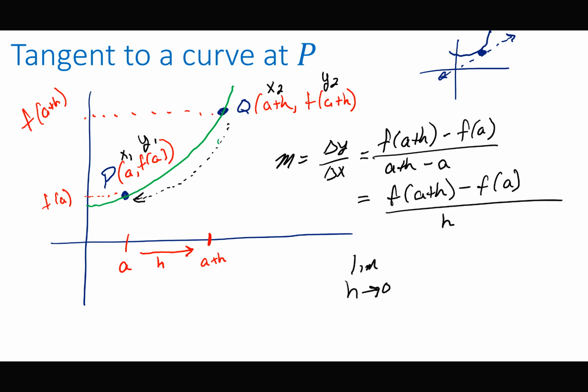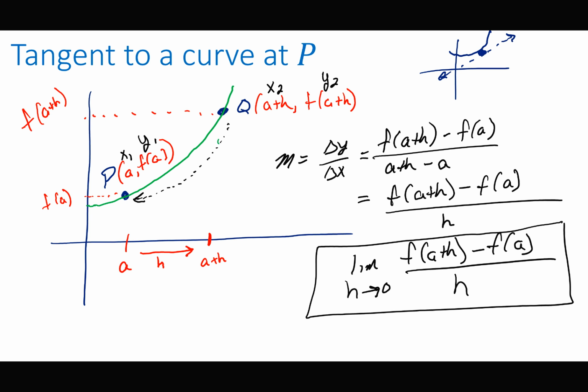So using limits as h approaches 0 of f of A plus h minus f of A all over h is the function that we're going to use. This is how we find the slope of a line tangent to a curve at some point P.